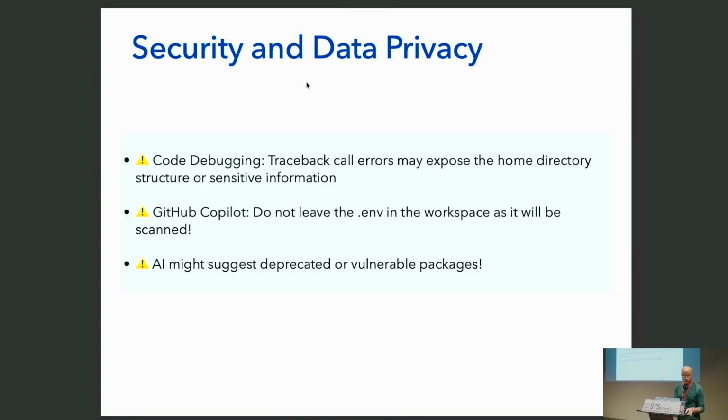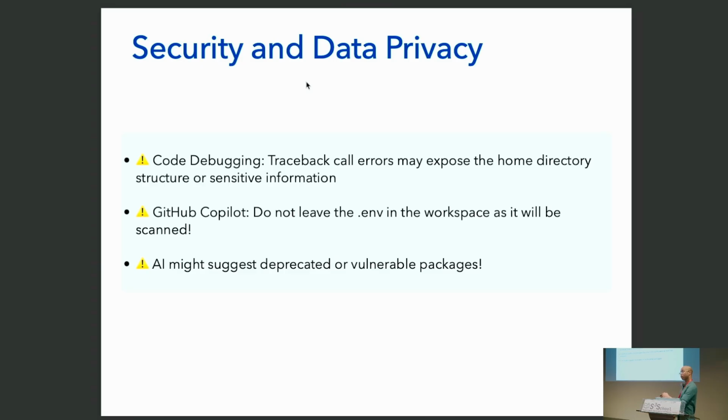I would like to also warn you about code when you debug with AI. Those tracebacks contain your home directory structure and the name of your project. And even the name itself can tell what kind of project you're working on.